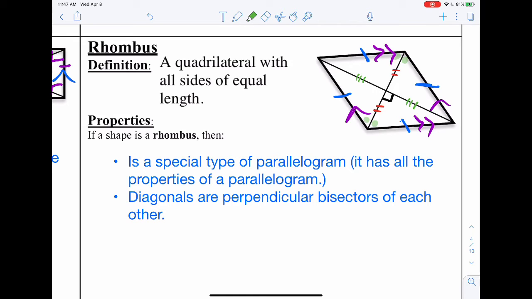And so they essentially cut it in half, and the word for that is, do you remember? Bisect. So diagonals bisect the angles.